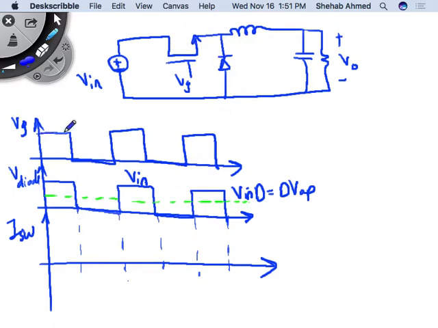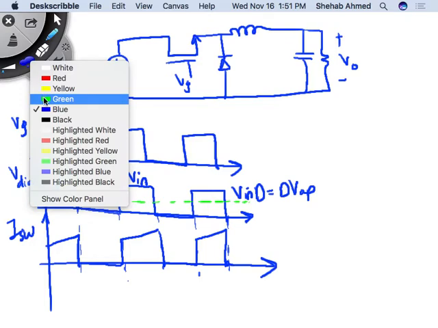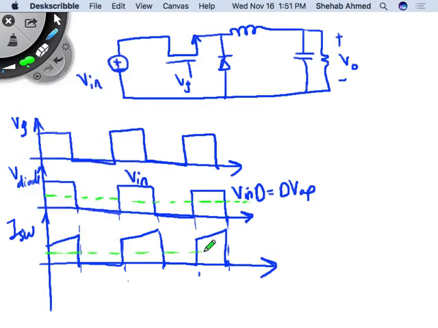So when the switch is on, there is current in the switch, right? And then it's zero. And if we assume that the ripple is small for now, then what is the average value of this current? Exactly, it's the inductor current.